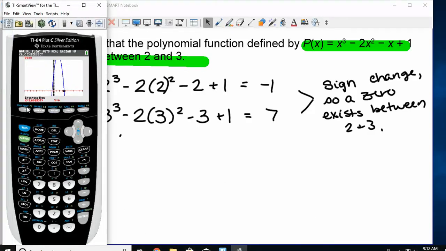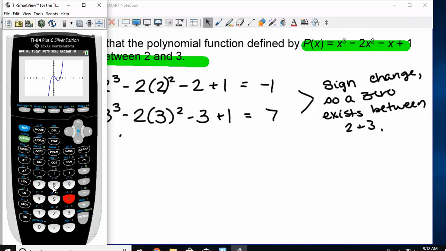I want you to go to your y equals, plug in x cubed minus 2x squared minus x plus 1. If I wanted to find it exact, we've done this before in our calculator. We set our y2 equal to 0. I'm looking between 2 and 3, so I'm going to go to zoom number 6, zoom standard, and just reset my window.